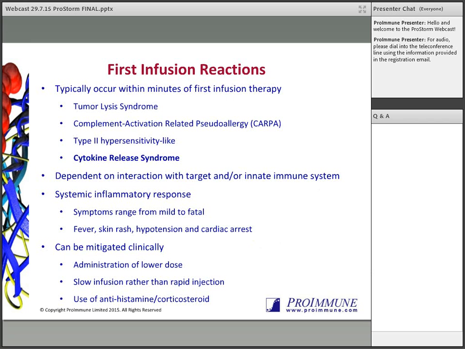I'd like to begin by introducing the topic of first infusion reactions, which are innate responses that can occur very rapidly in response to biotherapeutics. There are many types of infusion reactions.